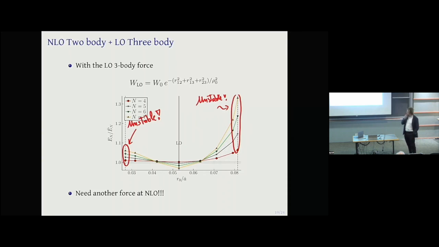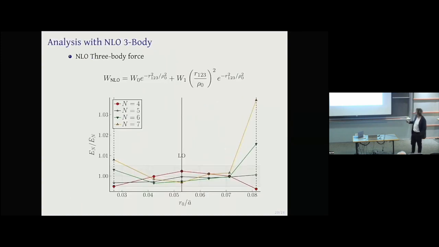As far as I understand, they propose a four-body force because the three-body force can be reabsorbed in the leading order three-body force, something like this. But I can have a three-body force, so I want to analyze what I can do with a next-to-leading three-body force.